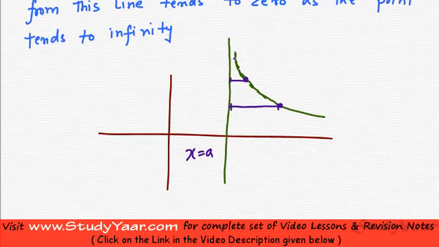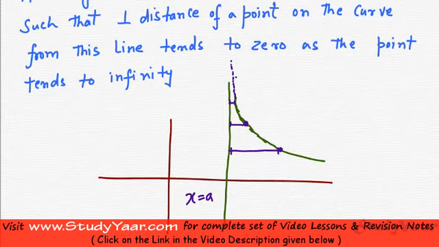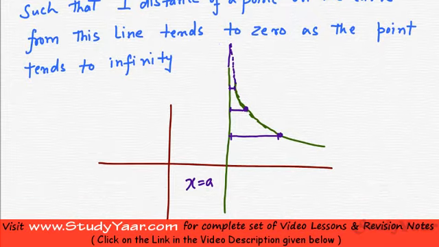When I come over here, it is still decreased. At infinity, the distance is going to become 0. Such a line is called an asymptote.